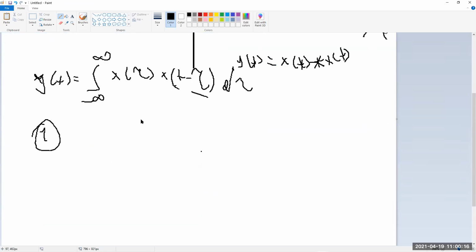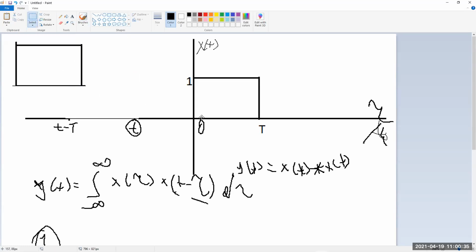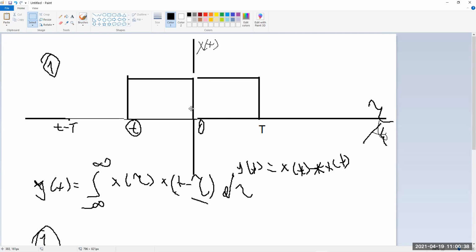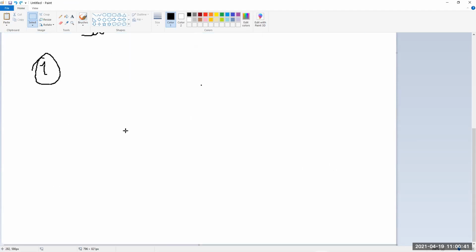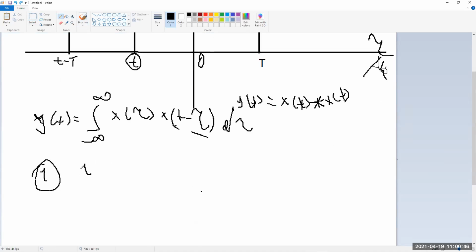It is case one, and you can check that when t is less than 0, we don't have any overlap. So we can say that for the first case, t is less than 0, and this means y(t) is 0.